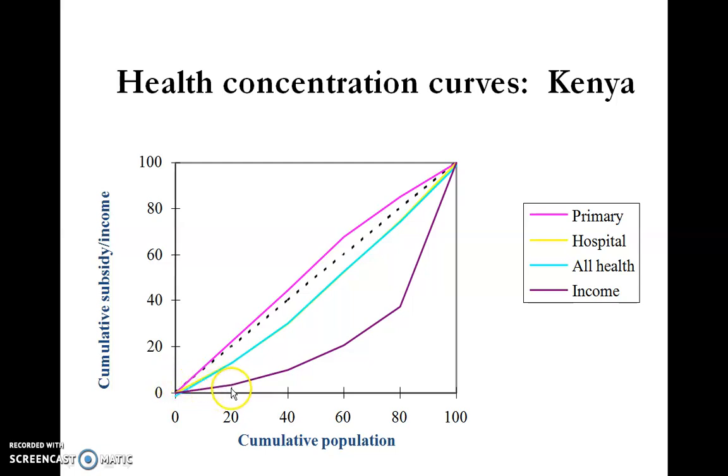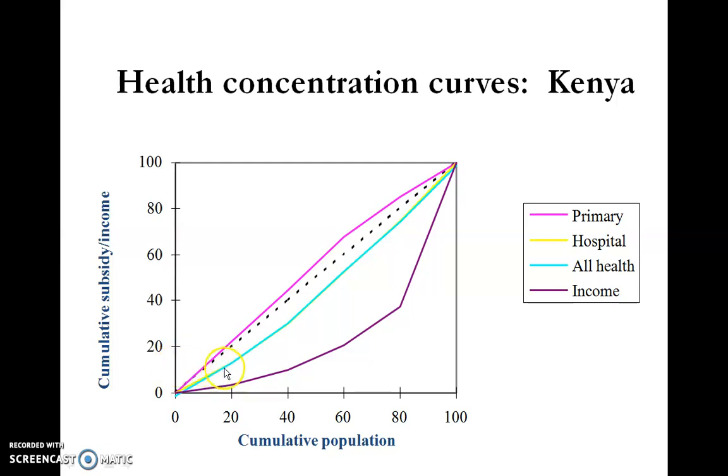But if we look at what they benefit in terms of spending on, say, all healthcare, because you can't see the yellow line, the hospital line and the blue turquoise line, they lie on top of each other, you can see that even though they are cumulatively 20% of the population, they are getting about, what's that?